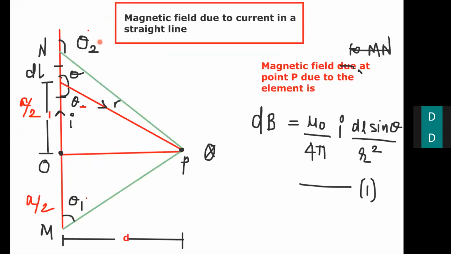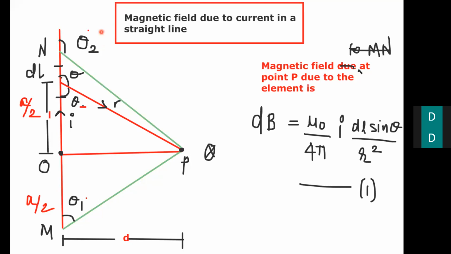So that is 180 degrees. It will make the angle pi with P, because it's going to be a very long wire, right?